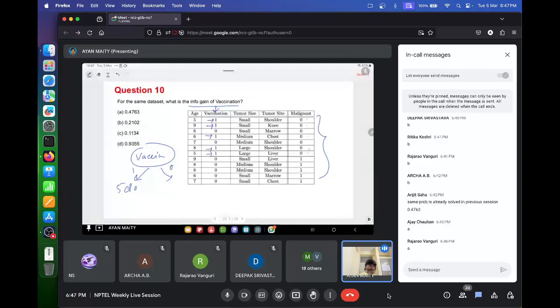And similarly in the right subtree, when vaccination value is 0, these are the elements. And out of them, this one is 0, this one is 0, this one is 0 and this one is 0. So 2 class 0 and 1 2 3 4 5 class 1 data points are there.